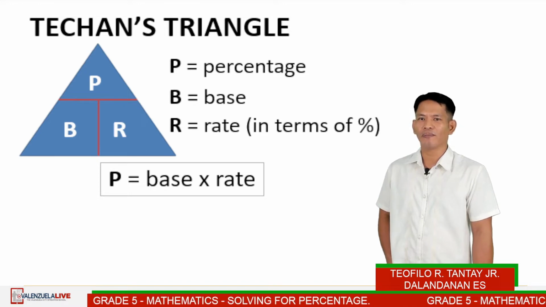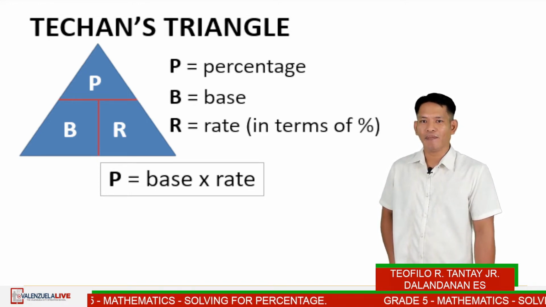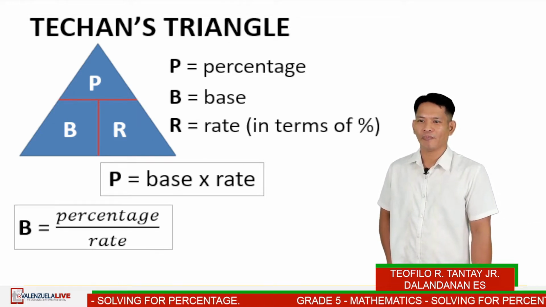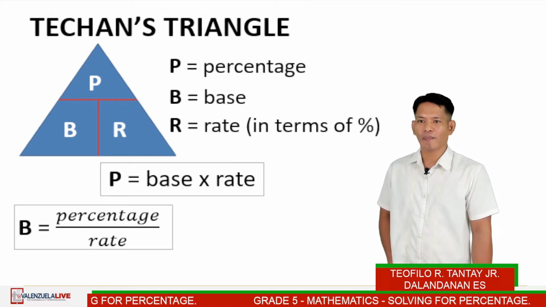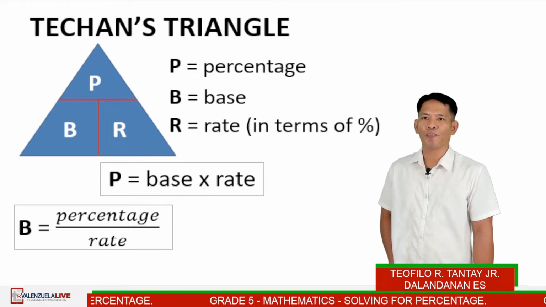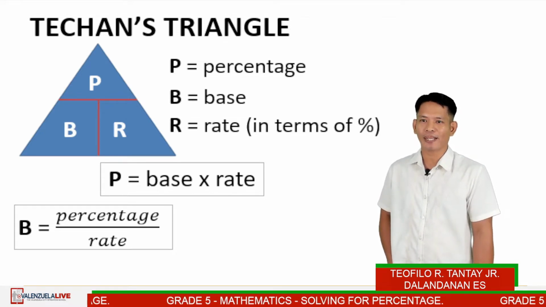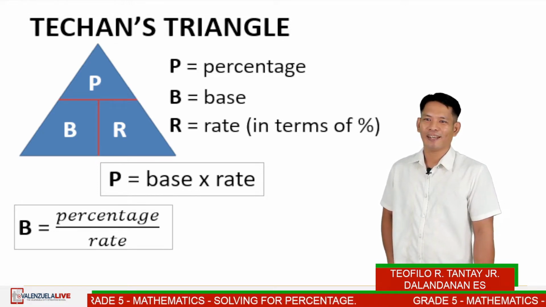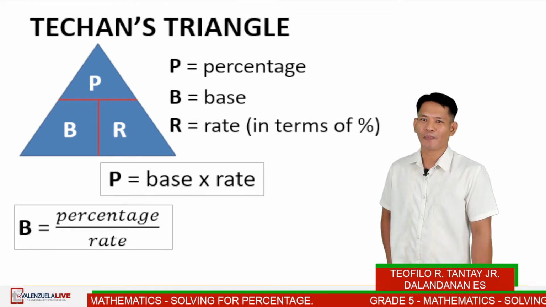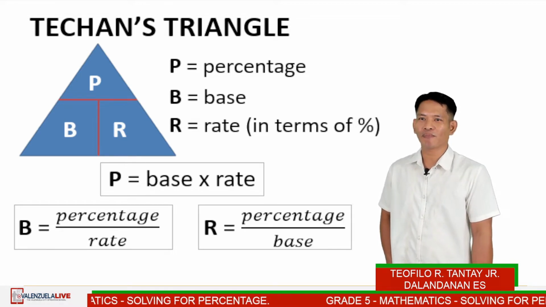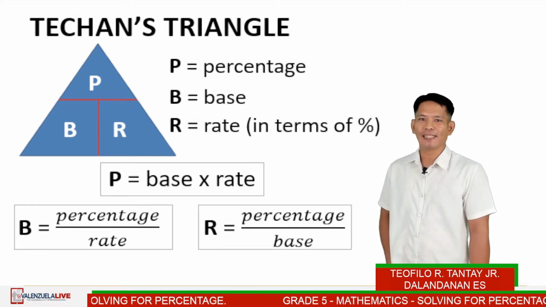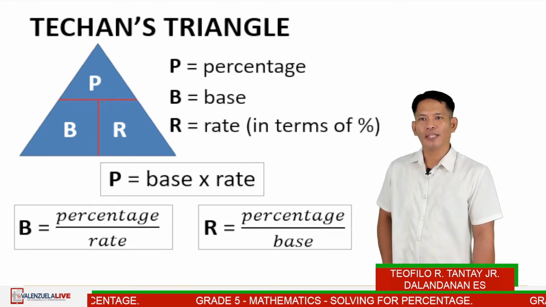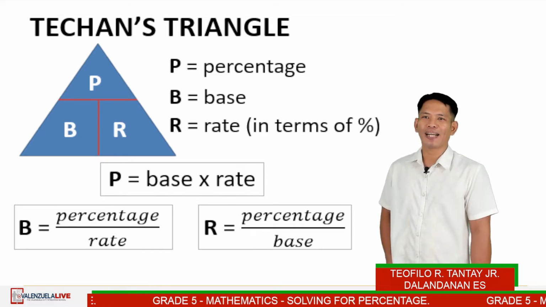Of course, we need to convert first the rate to a decimal number. How about the base? Base can be solved by using the formula B is equal to P, or the percentage, divided by the rate. How about if the rate is missing? Rate is equal to percentage divided by the base, and of course, we need to multiply the answer by 100%.